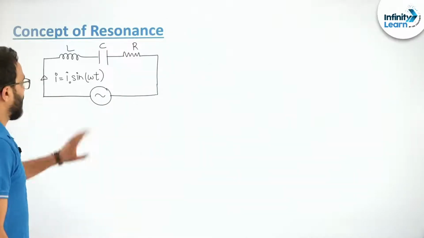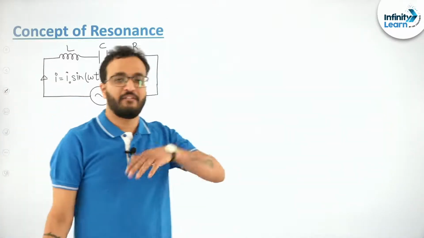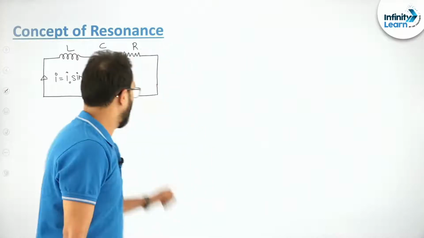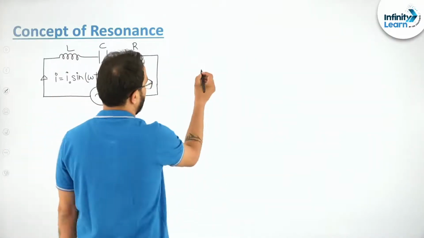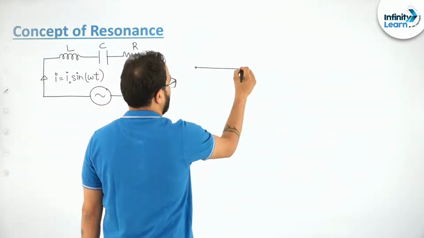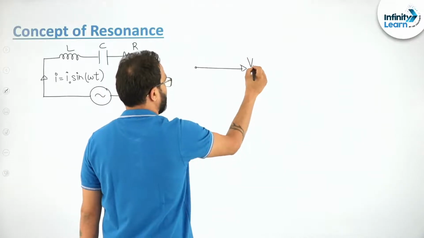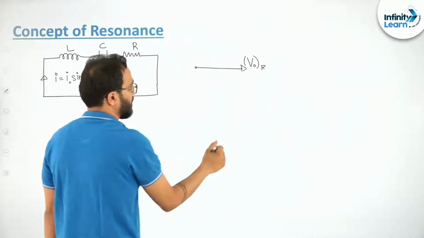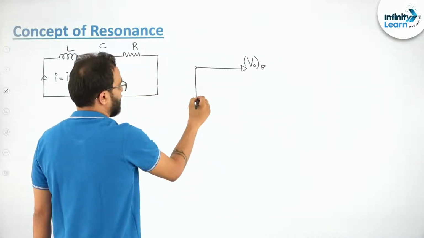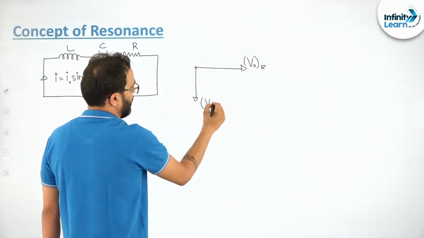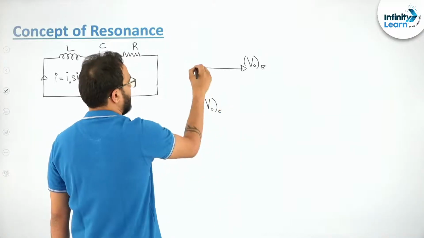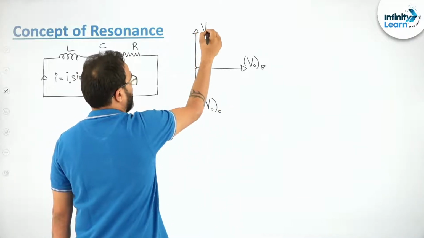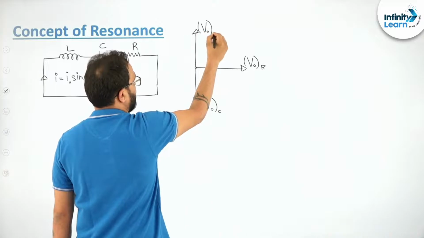Perfect. Now we have already studied the phasor diagrams of this particular circuit. What was the phasor diagram? This is the peak potential drop in the resistance, this is the peak potential drop in the capacitor, this is the peak potential drop in the inductor.